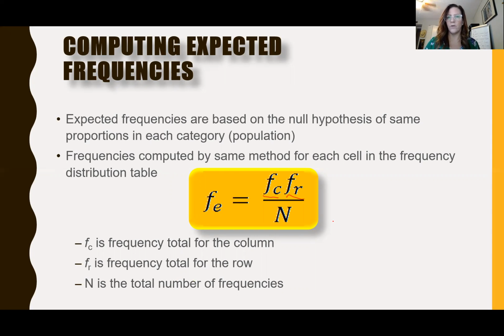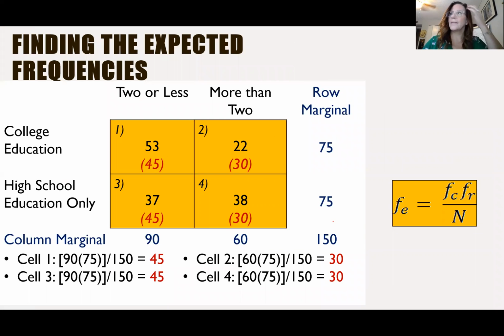If you look, we're going to add these up. 53 is our observed in this category and 22 is our observed in this category. 53 plus 22 is 75. So that's our frequency row for these.